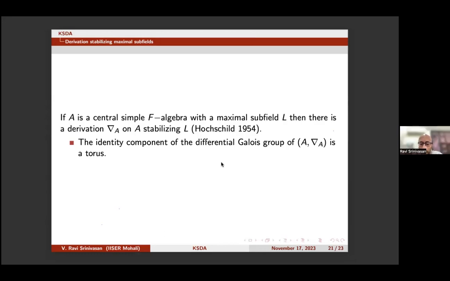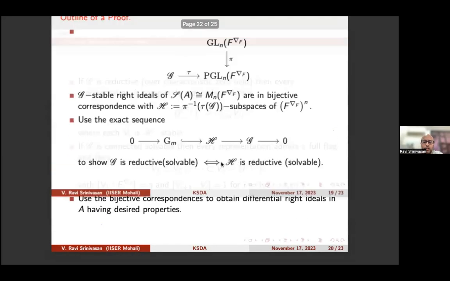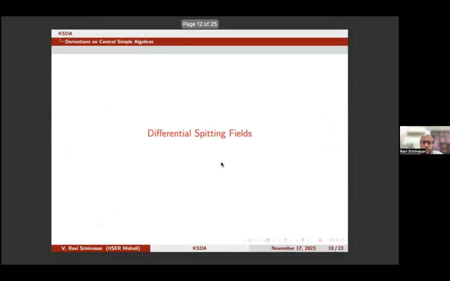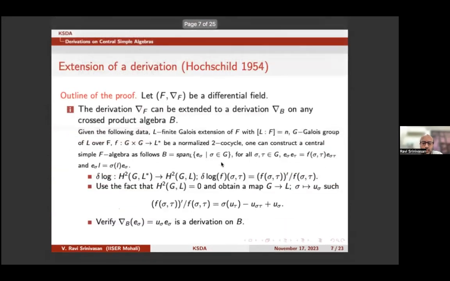For example, that construction of Hochschild. That Galois group is a torus, which you can easily see, because the derivation is given by E_sigma is U E_sigma. You have this finite Galois extension on top. Yes, but L itself is not a differential field there, is it?